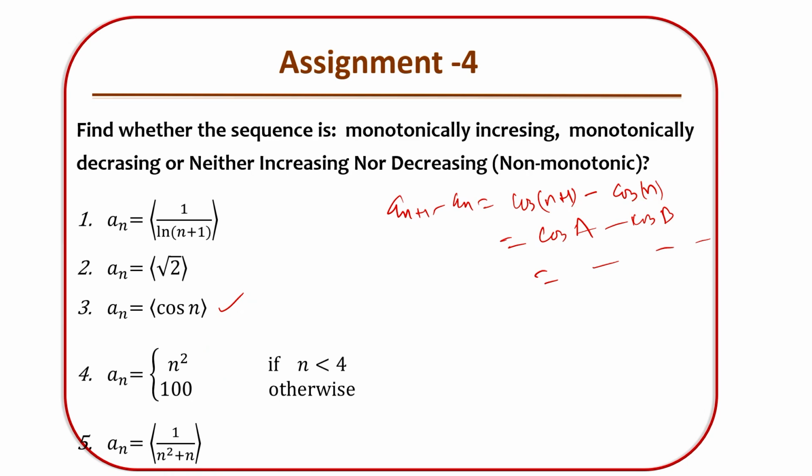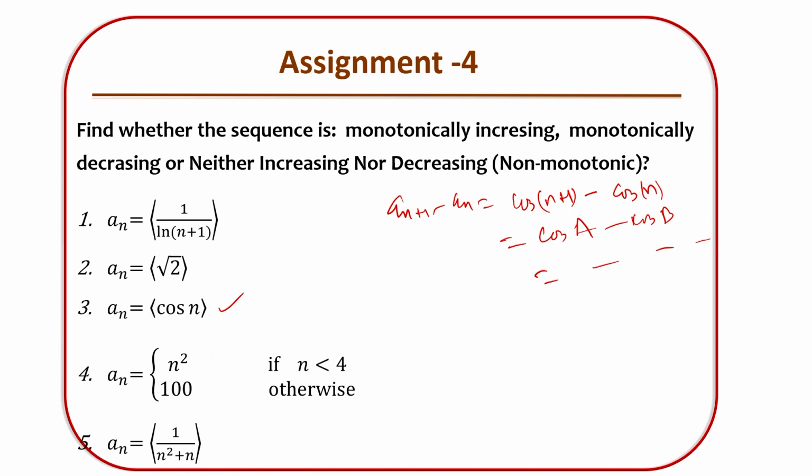Similarly, assignment number 4 also consists of the same type of problem, where we have cos n here, and you can do the same thing. a(n+1) minus a(n) is equal to cos of (n+1) minus cos of n. So this is cos a minus cos b type.